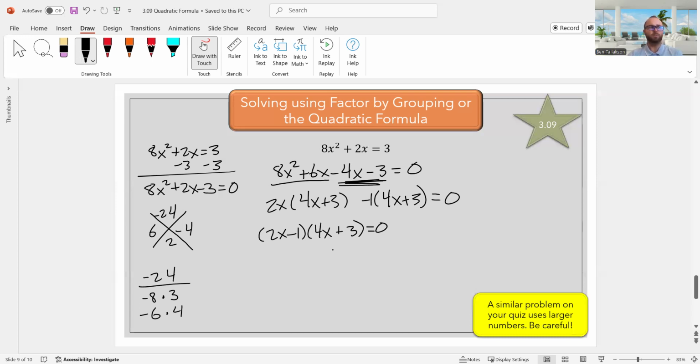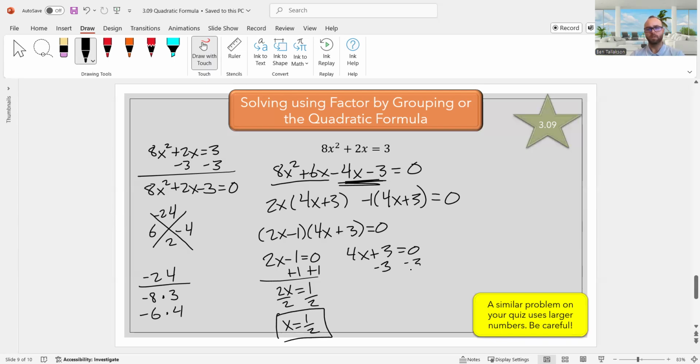How do we solve from here? Do we remember? Zero product property, right? Set each factor equal to 0 and solve for x, and then we'll have our answers. 2x is 1, divide, divide. So x is 1/2. That's one of our answers.